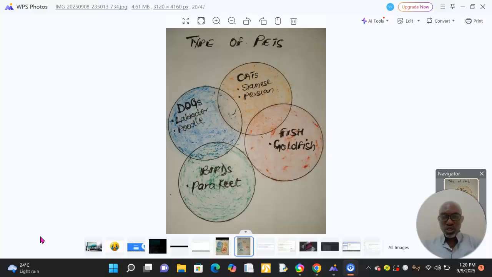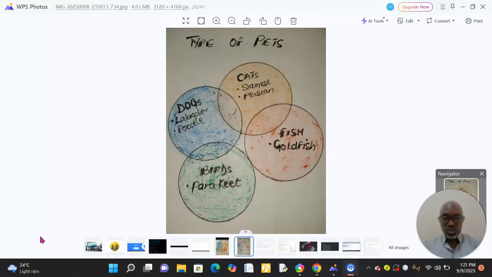First, the union of dogs and cats includes all pets in either dataset, like Labrador, Poodle, Siamese, and Persian. Then next, the intersect of dogs, cats, and birds is empty because no pet belongs to all three categories.